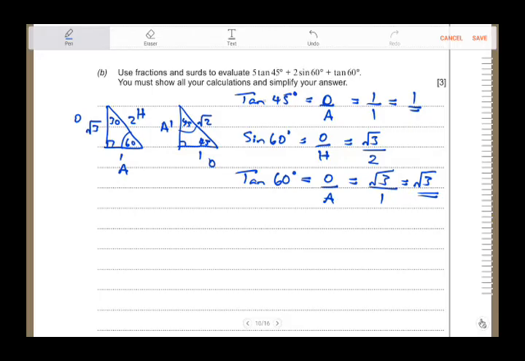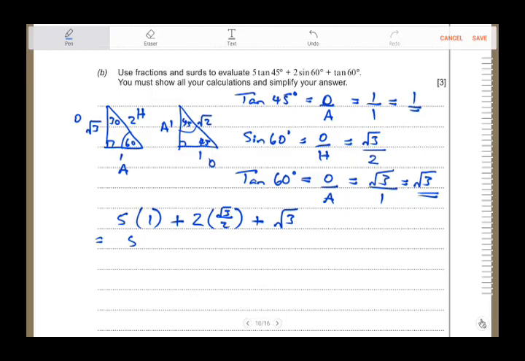So I have my three values now. I have tan 45, I have sine 60, and I have tan 60. Now I'm going to substitute all those three values into that expression at the top. So 5 times the tan of 45. Tan of 45 was 1. Plus 2 times the sine of 60. Sine of 60 was root 3 over 2. Plus the tan of 60. And the tan of 60 was root 3. So I got these three things instead of the original expression.